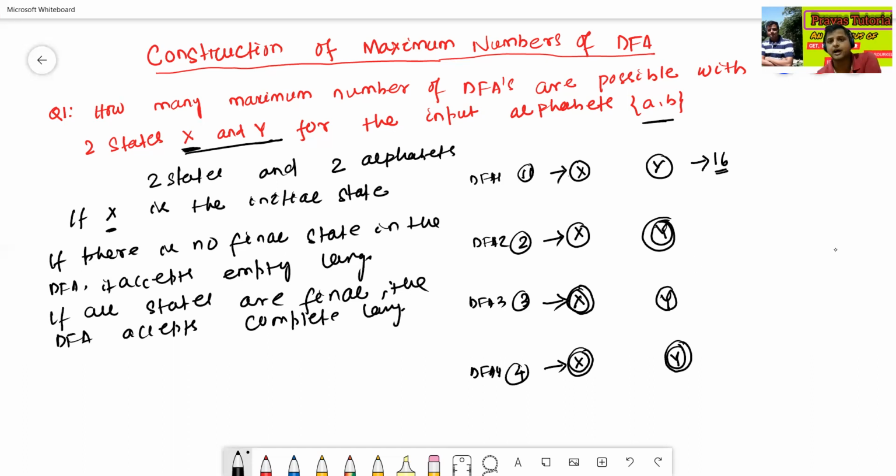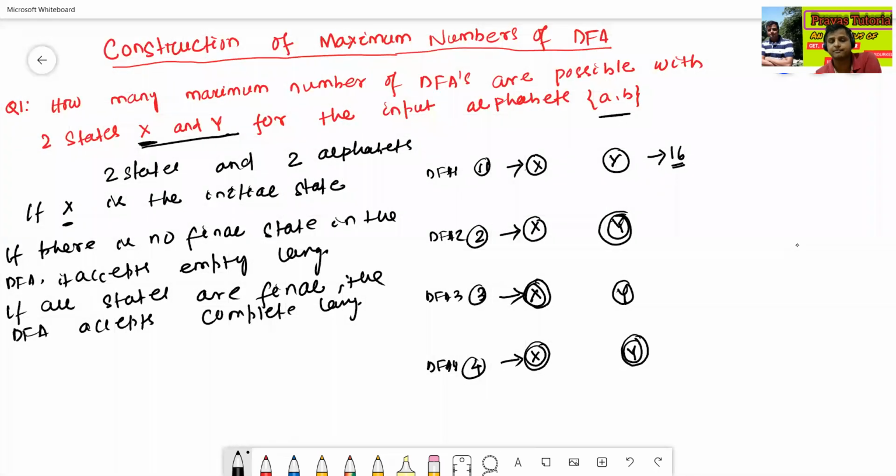What is the meaning? How is it 16 DFAs? Suppose X is the initial state and X and Y both are non-final states. We can see this is one DFA, this is also one DFA, this is also one DFA.